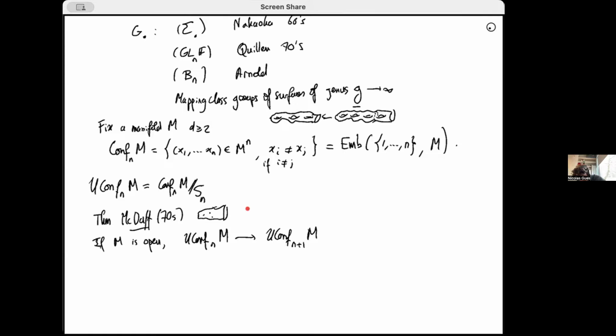If I have 3 points, I can just choose a collared neighborhood at the boundary and add a point inside. So there's a well-defined stabilization map, and she proved that this induces an isomorphism in H_i of the configurations on n to n plus 1 points, in a range growing with n.